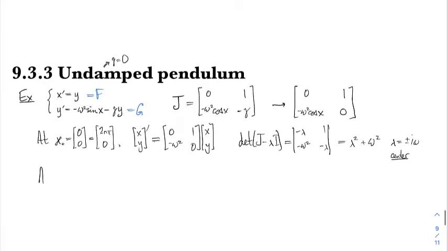And then if we look at a critical point which is an odd multiple of pi, then the linearization here is going to be 0, 1, omega squared, 0.